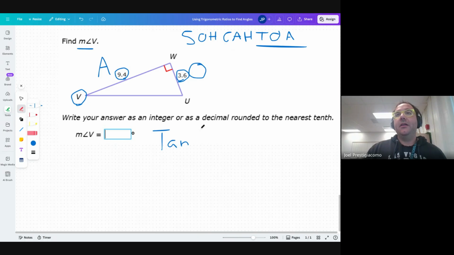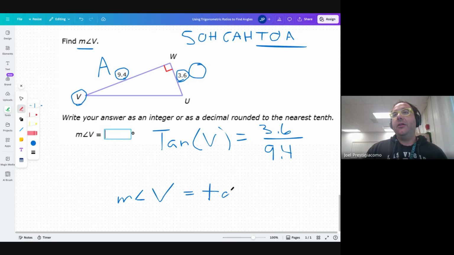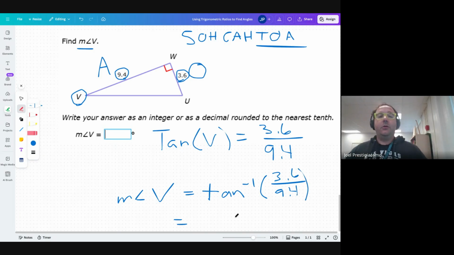We're going to say the tan of angle V is equal to the opposite side, 3.6, divided by the adjacent side, 9.4. And the measure of angle V will be the inverse tangent of 3.6 over 9.4. Make sure you're in degree mode.